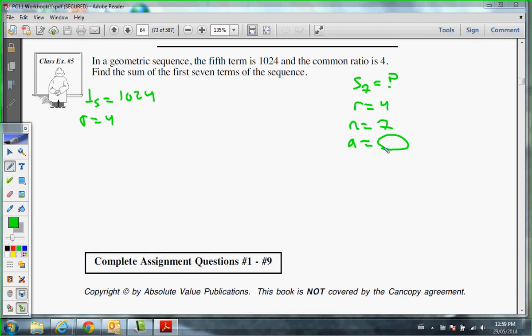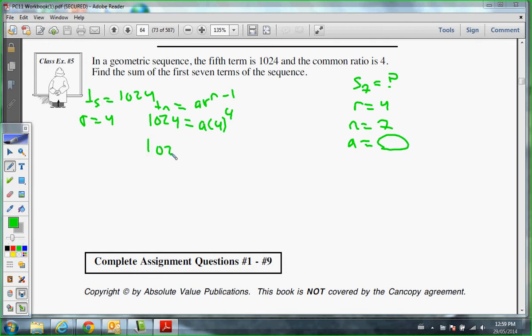So we're going to go back to your general form. Okay, so I'm going to do 1024, because I'm doing T sub N equals A, which we don't know, times R^(N-1). R is 4. N minus 1 in this case would be 5 minus 1, so to the 4th.